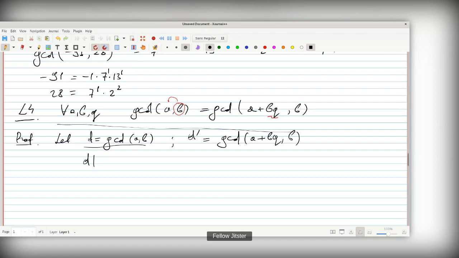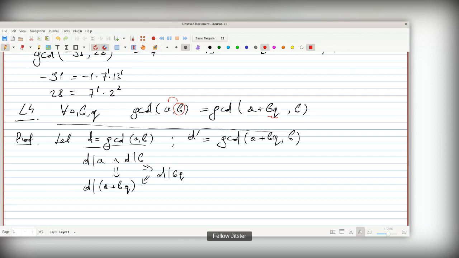Okay, what do we have? By definition, D divides A and D divides B. But that means that clearly D divides A plus B Q. Why not? If it divides B, then it must divide B multiplied by Q. So it divides the sum of these two numbers.